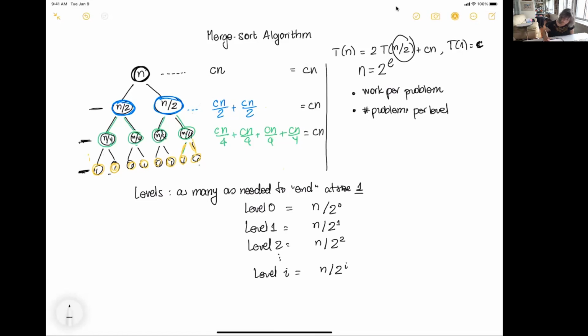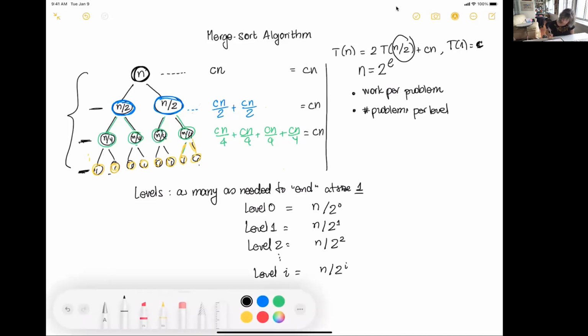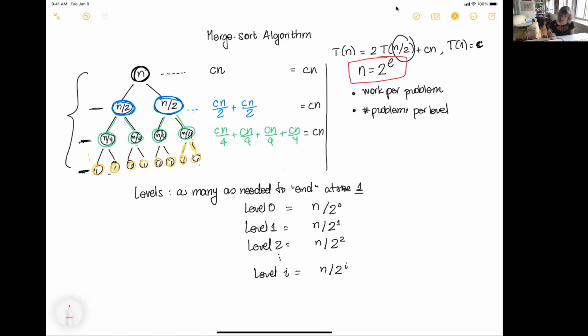So how many levels do we need in order to finish at size 1? For this, we recall that the assumption is that n is a power of 2. So what we need here is that the last level will be the level such that n divided by 2 to the L is equal to 1.